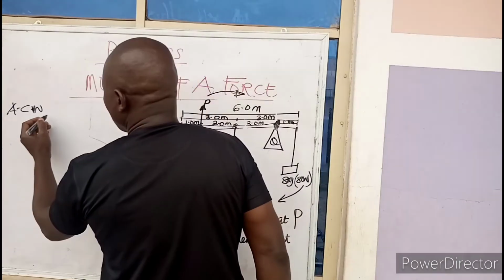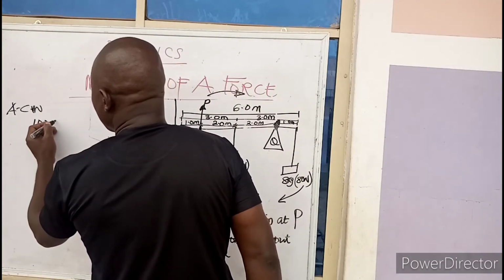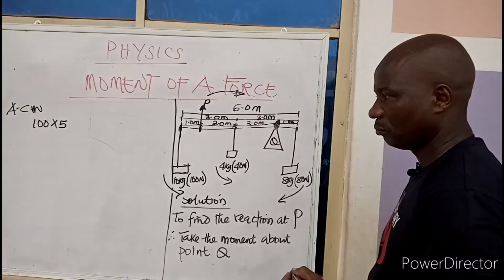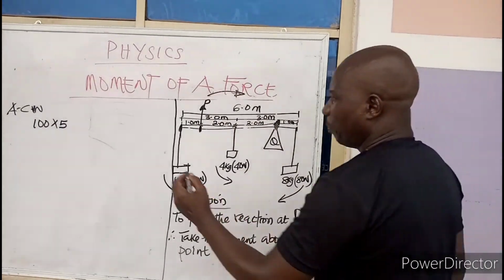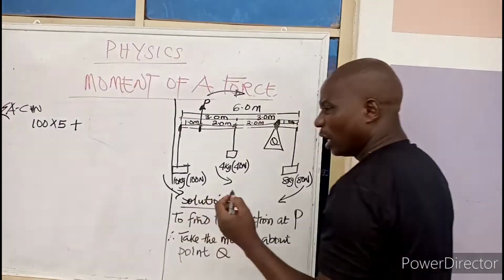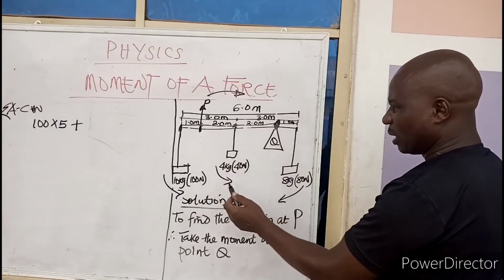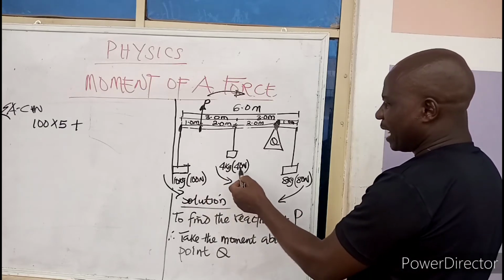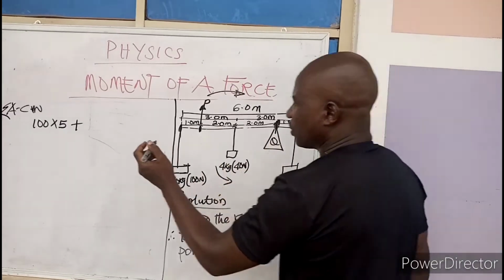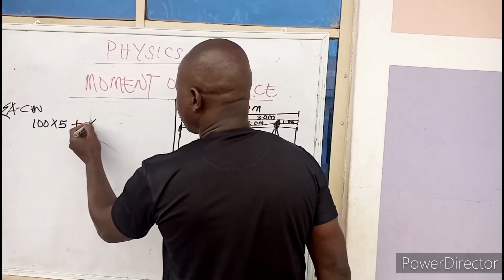So it's going to be 100 times 5, plus, because it's not the only one, this is the summation of anti-clockwise. Let's see the next one. This one too is going this way. That is 40. What's the distance to that Q? It's just 2 meters.